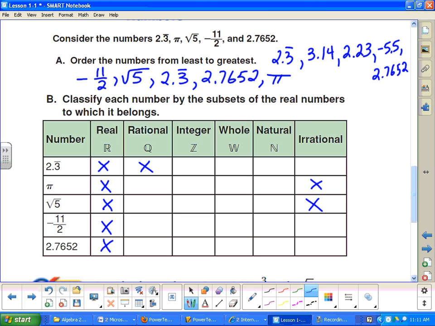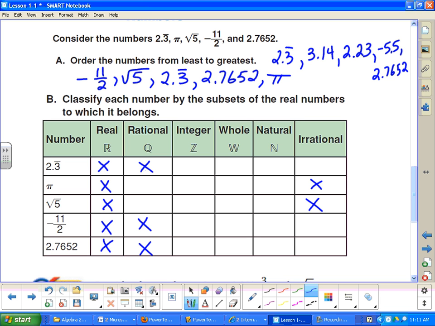Okay, negative 11 halves. Is that rational? Okay, it's a fraction, so it is rational. Okay, but fractions are not integers, are they? No. Okay. All right. 2.7652. Is that rational? Yes, it is. Because it terminates. But it's not an integer, so it's not whole or natural.